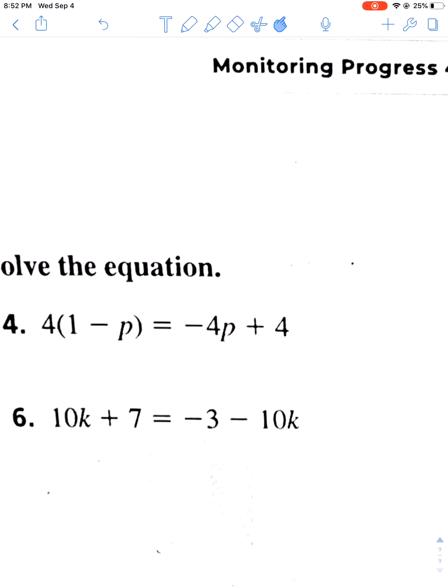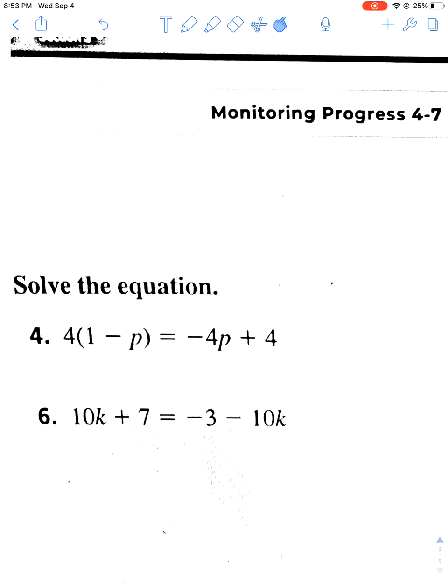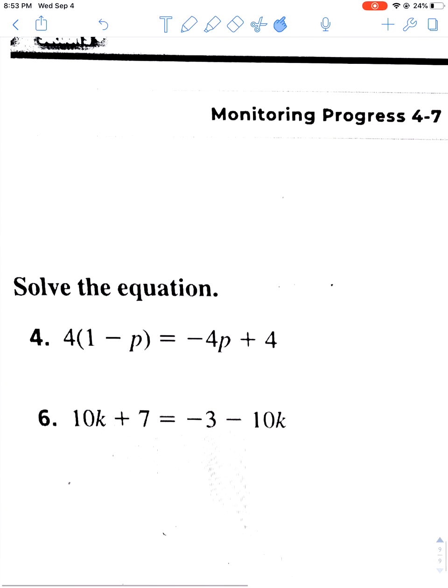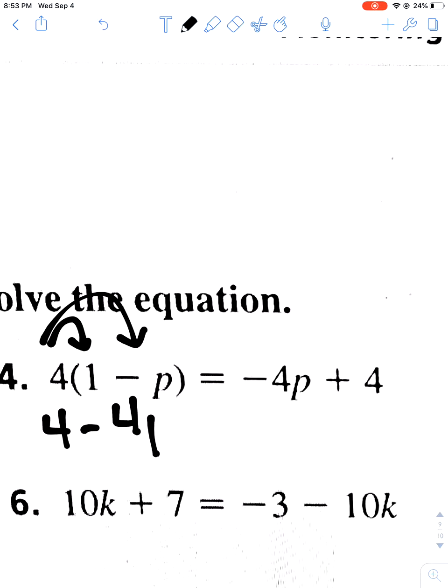All right. Well, let's look at some more. So let's look at this one. Again, distribute, combine like terms, SADMAP. So I distribute. 4 times 1 is 4. 4 times negative p is negative 4p. Rewrite anything you didn't change.